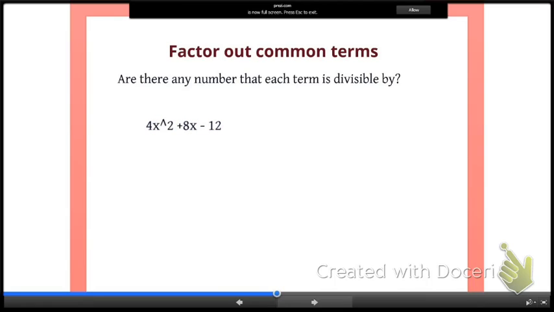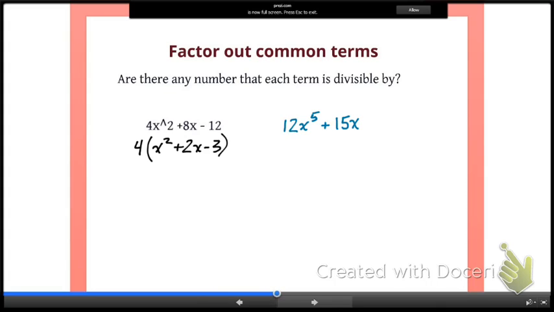So my common monomial in this case would be 4, because every term is divisible by 4. So if you divide 4x squared by 4, you're just left with x squared. And then if you divide 8 by 4, you get 2, and then an x. And then if you divide negative 12 by 4, you get 3. So this is your common monomial that you would factor out first.